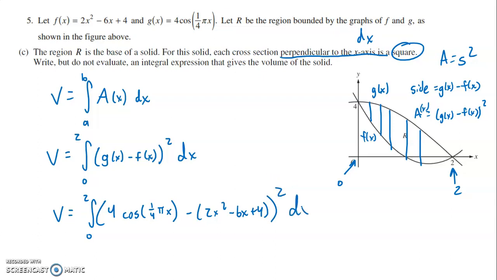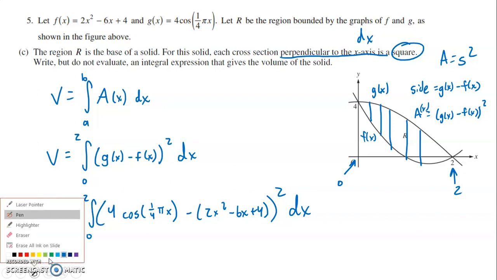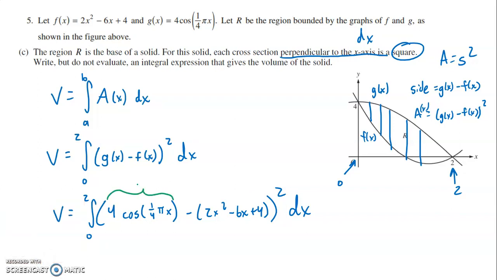It's probably easier to just put parentheses. So 4 cosine minus my f function. We had our g of x here, minus f of x here, and then the whole thing was squared.